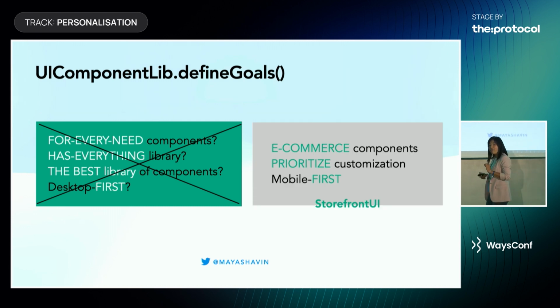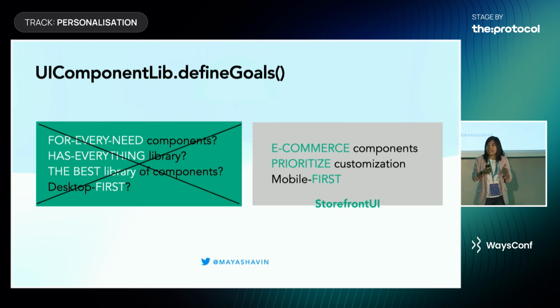What I would suggest is to scale it down and be more specific. For example, Storefront UI, the component library that I was maintaining, the first version of it was meant to be an e-commerce component library only.